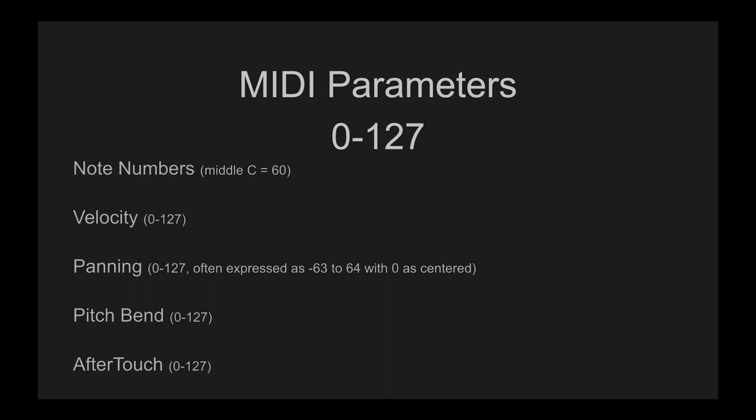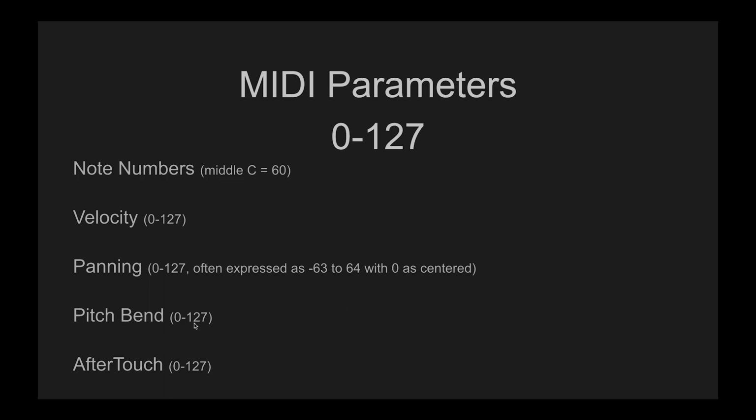Panning is another one. We don't use it very much at all in general, but you can affect the panning with MIDI numbers between 0 and 127, and it's often expressed in Logic as negative 63 to 64, with 0 being the center or no panning, right?